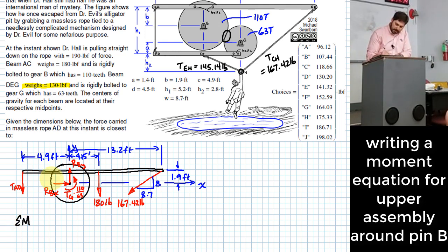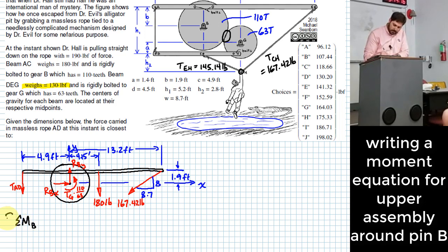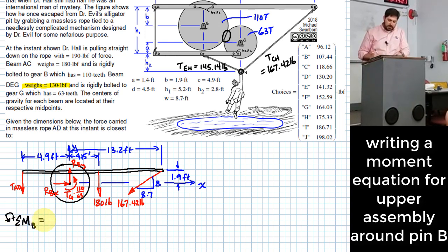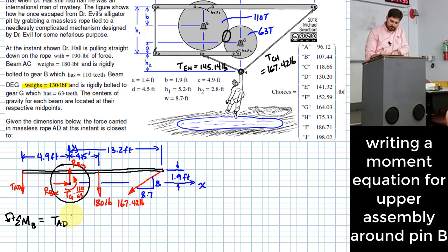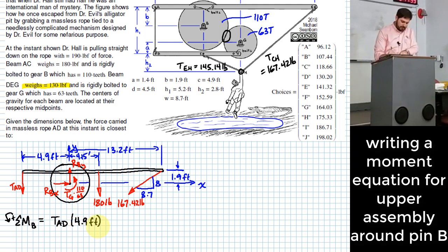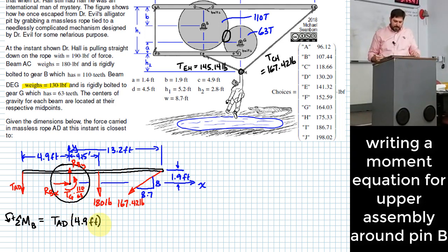Summing moments around point B, where counterclockwise is counted as positive, and I'll start with TAD. Okay, that tends to be a counterclockwise tendency to rotate caused by TAD, so I count it as positive, multiplied by what length? 4.9 feet. Okay, then what?